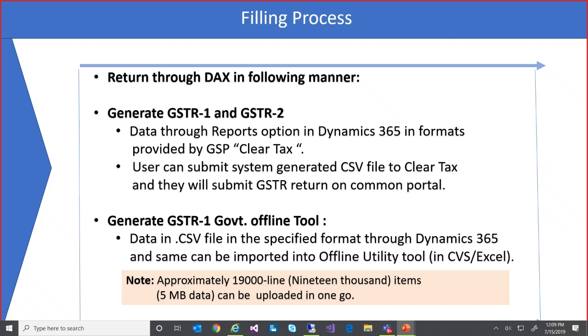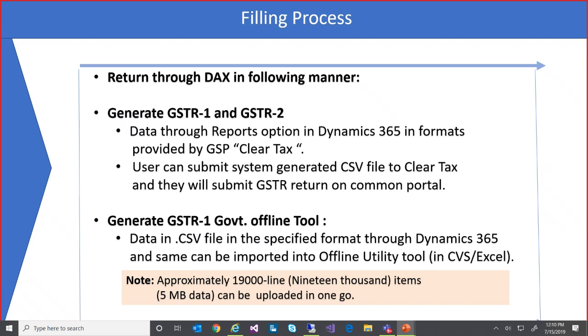You just have to generate the data in GSTR-1 and 2 format, which is a CSV format, and hand it over to ClearTax, and ClearTax will take care of the further requirements. Like they will generate the HSN summary and a document summary for the assessee. That is one option we provided to the customers.